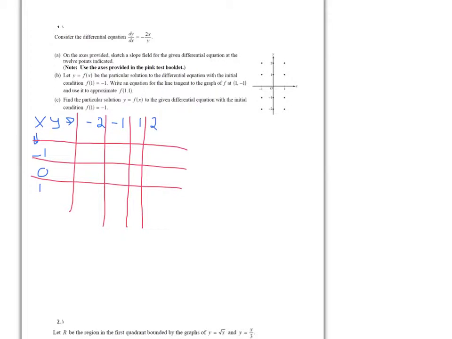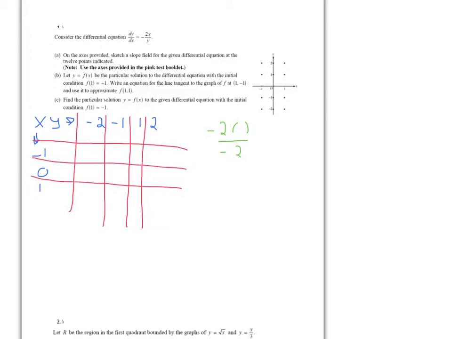Okay, so if we plug in -2 for y, you can do it in rows, you can do it in columns, it really doesn't matter. But what I'm doing is I'm plugging in -2 for y. So I've got -2 times x divided by -2.